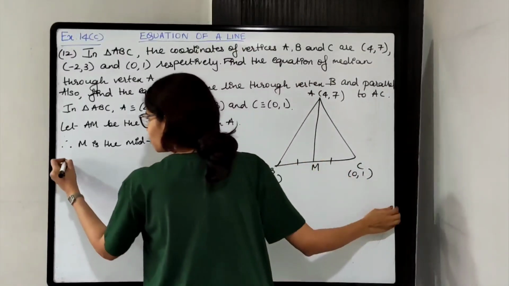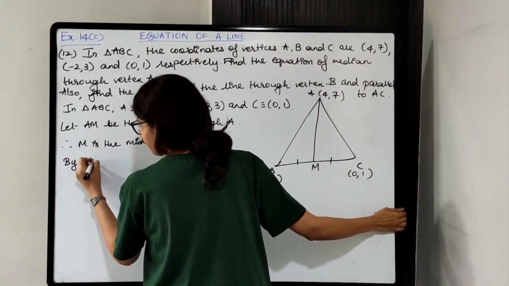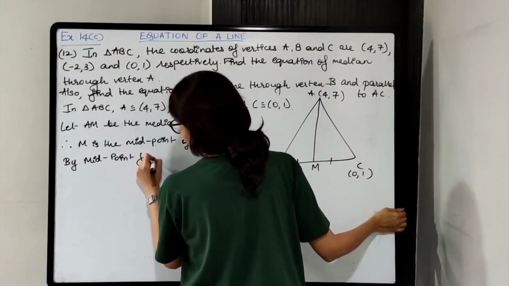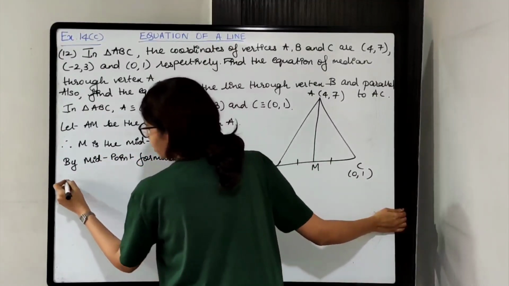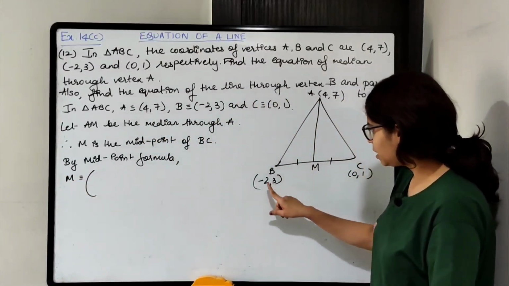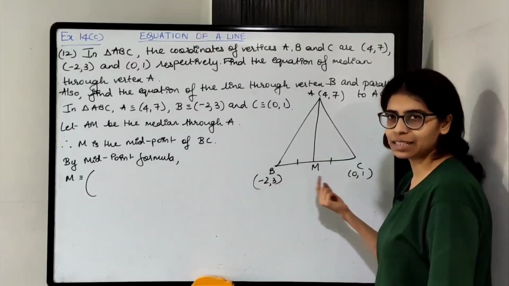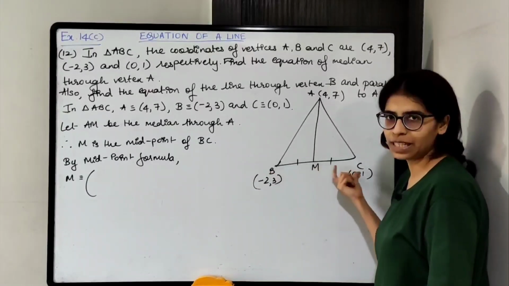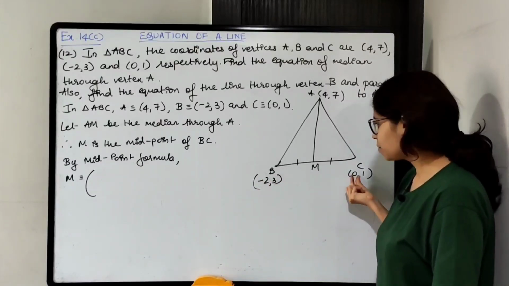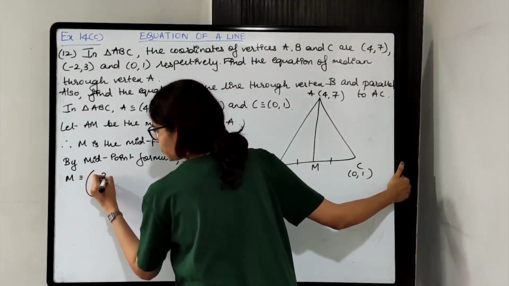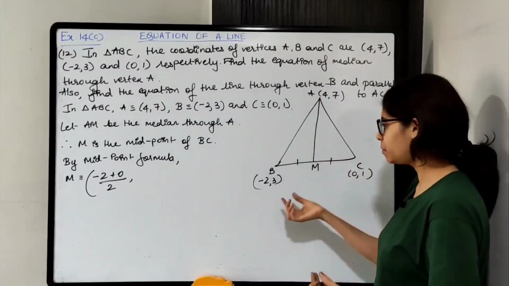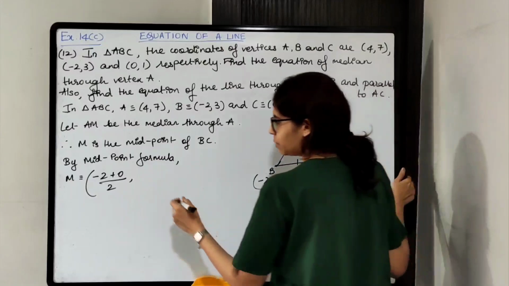So by midpoint formula, M का coordinates क्या हो जाएगा? X coordinate will be sum of the X coordinates of B and C. It is midpoint of BC, so B and C का coordinates consider करेंगे. X coordinates of B and C, that is minus 2 plus 0 divided by 2, and sum of Y coordinates divided by 2, so 3 plus 1 divided by 2.